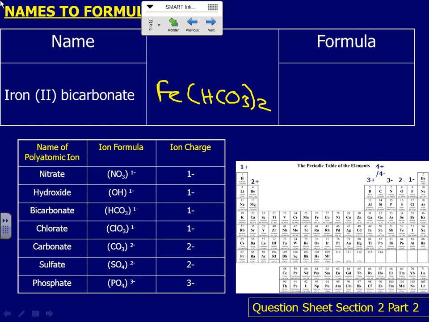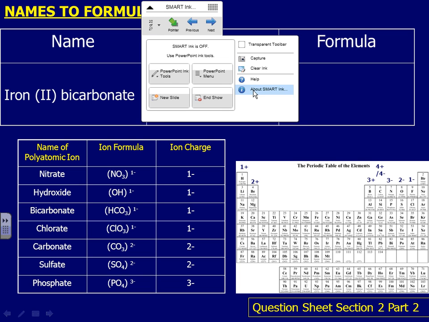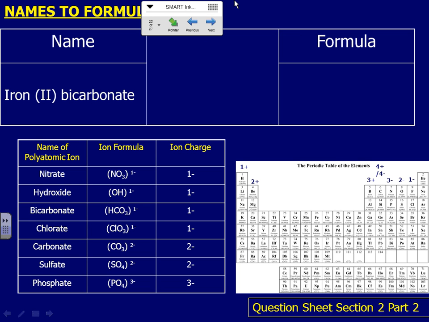Let me clear the slide here, and I want to use this box to just do a couple more. I'm just going to make some up as we go. Clear ink. Okay. And let's go with ammonium chloride.